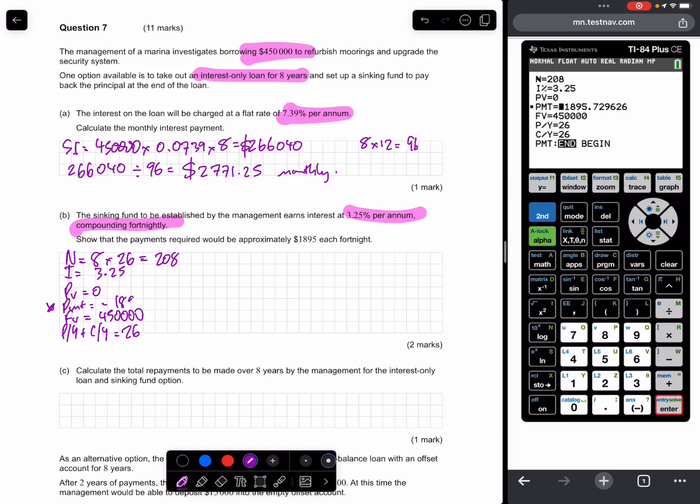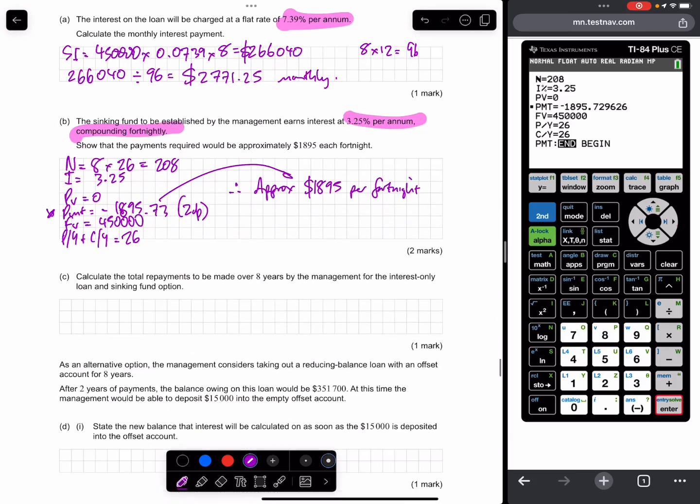Negative $1895.73 to 2 decimal places. Therefore, approximately $18.95 per fortnight, because he's literally off by 73 cents.